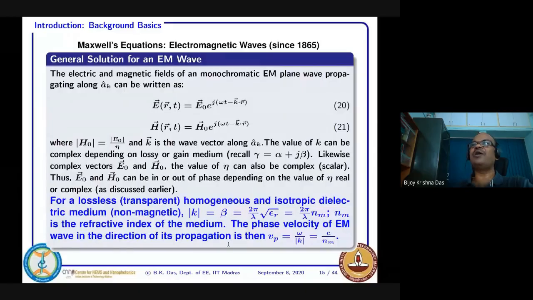Then we found that if the electric field is in the x direction, in free space or a homogeneous medium, the magnetic field will be in the y direction. Then we found that the wave propagation is perpendicular to both E and H. If the electric field is in the x direction and the magnetic field in the y direction, then the propagation direction must be along z. That is what we understood.